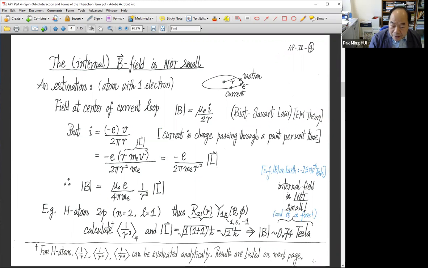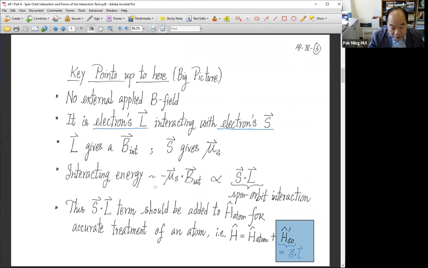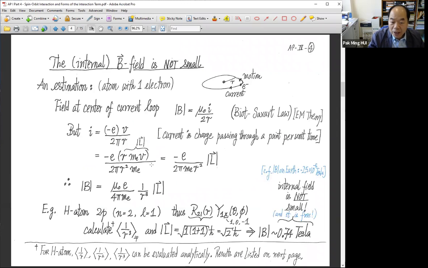To get a sense of how big this internal field is, this orbital motion gives rise to an internal field. We can easily use classical EM, even Bohr model stuff, to think about it. So the electron is in an orbit, say this picture.